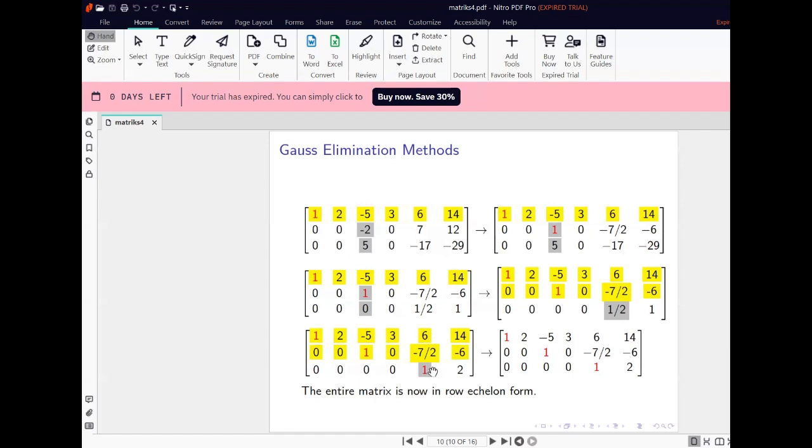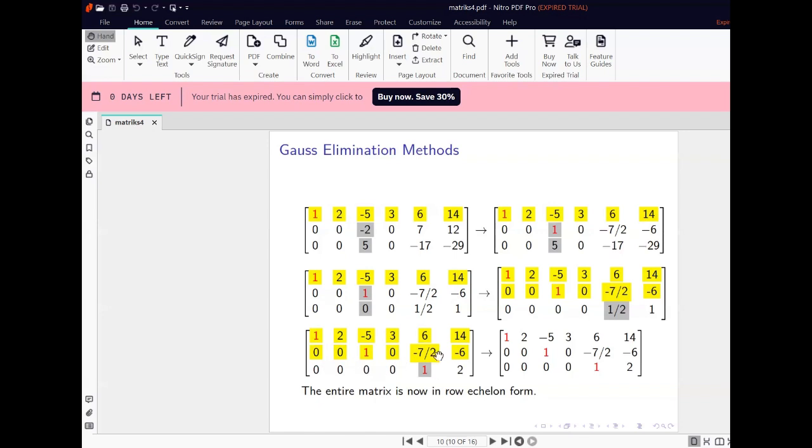After that, what is the other step? It's finished, because it already meets the first 3 properties. The first non-zero number in each row is 1. If there is a row that consists entirely of 0, they are grouped at the bottom of the matrix.